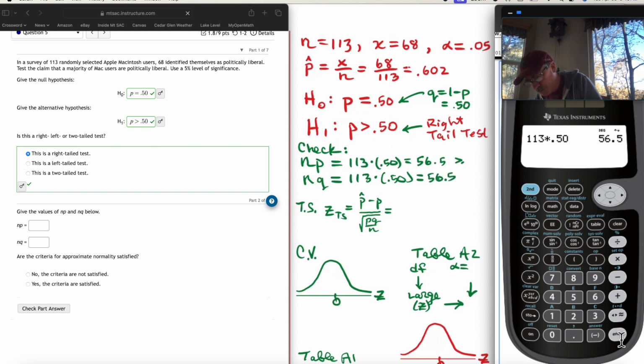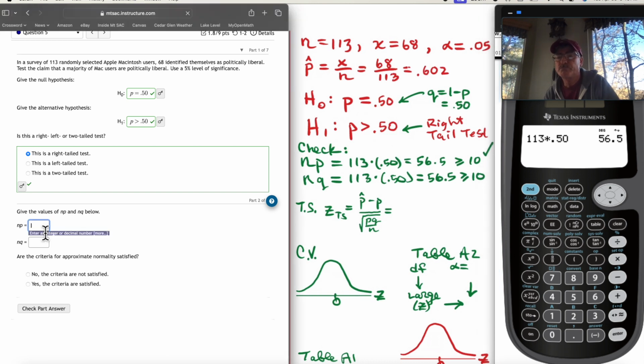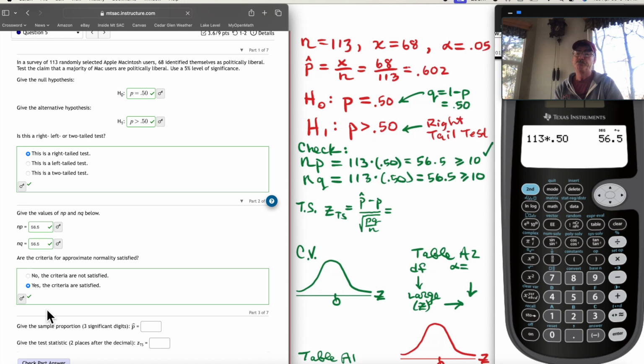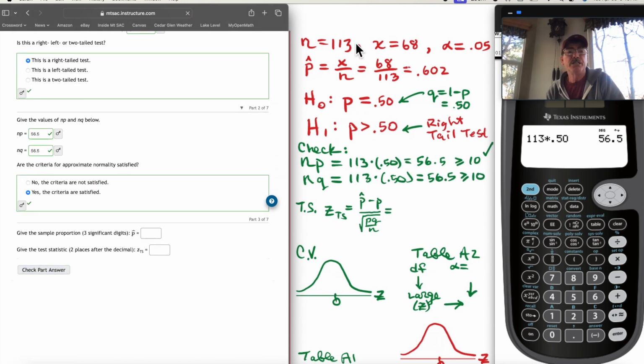Recognizing these are supposed to be at least 10 for that bell-shaped distribution on the binomial distribution that allows us to use a normal approximation. Both of these are 56.5, and yes, the criteria are satisfied, both being greater than or equal to 10. Now we already did our sample proportion, up here it was 0.602, so I can put that in. I'll check it, so we're good.